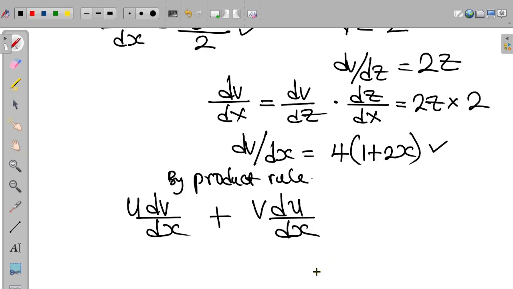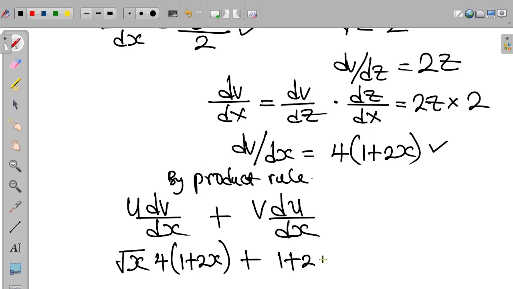If we put in our values, u is root x, and dv/dx is 4 multiplied by (1 plus 2x). So we have root x times 4(1 plus 2x), plus v, which is (1 plus 2x) all squared.